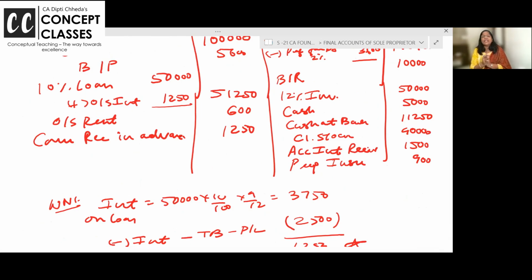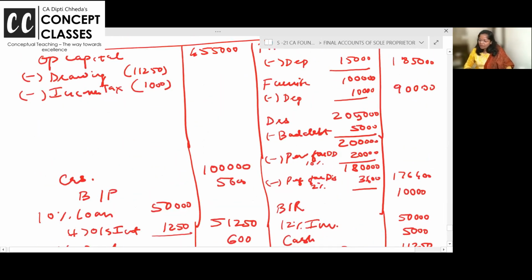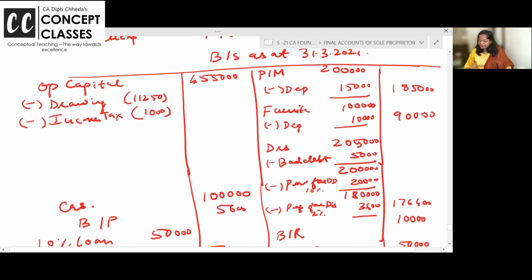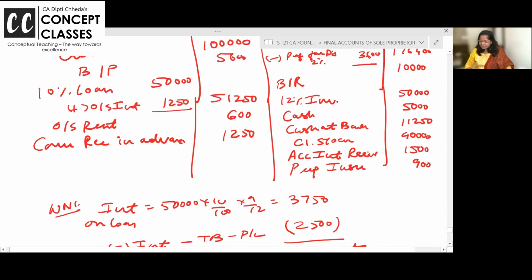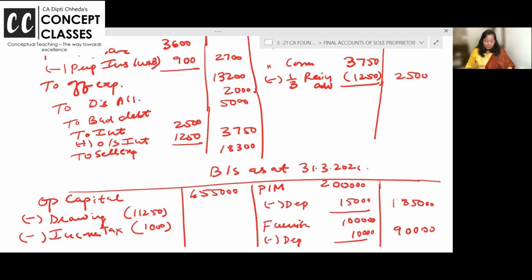Commission received in advance, 1,250. Clear to all of you? Yes. Next. Adjustments are clear? Okay, anything else left?